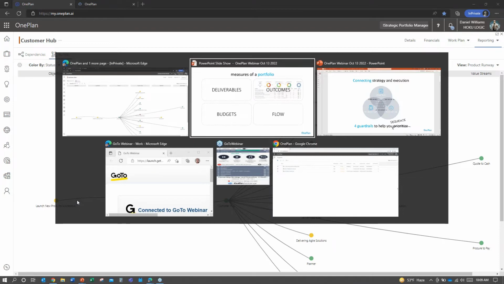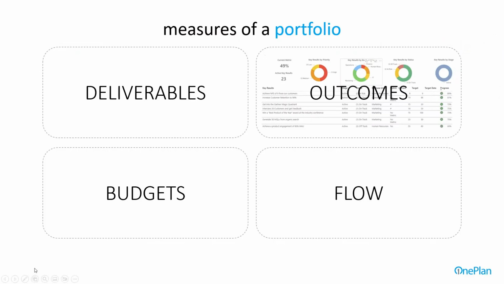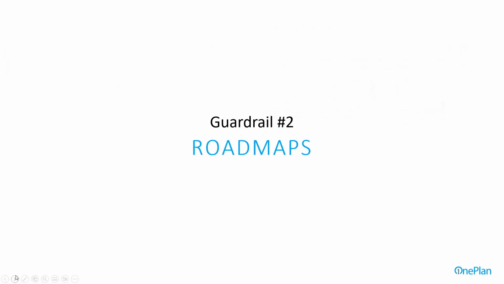Let's have a look at another example. This is a really simple thing that's often overlooked. It's there in OnePlan: roadmaps.